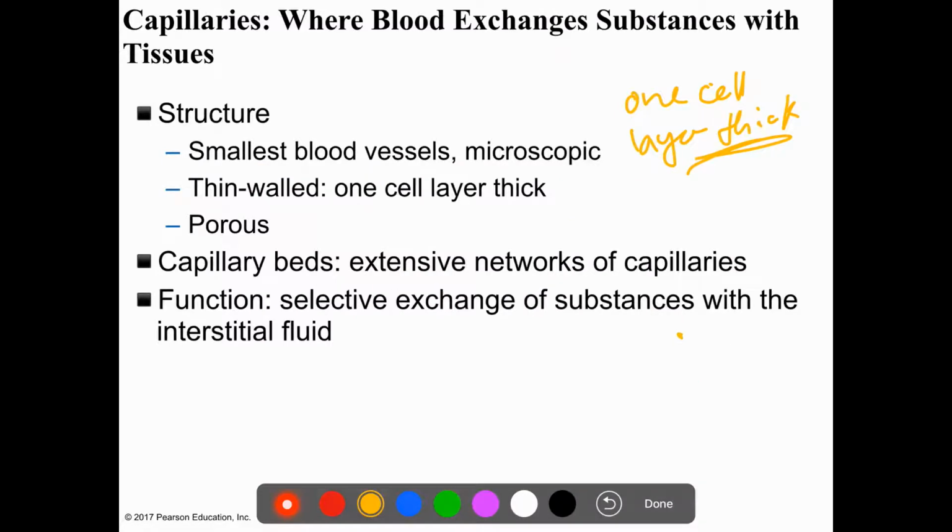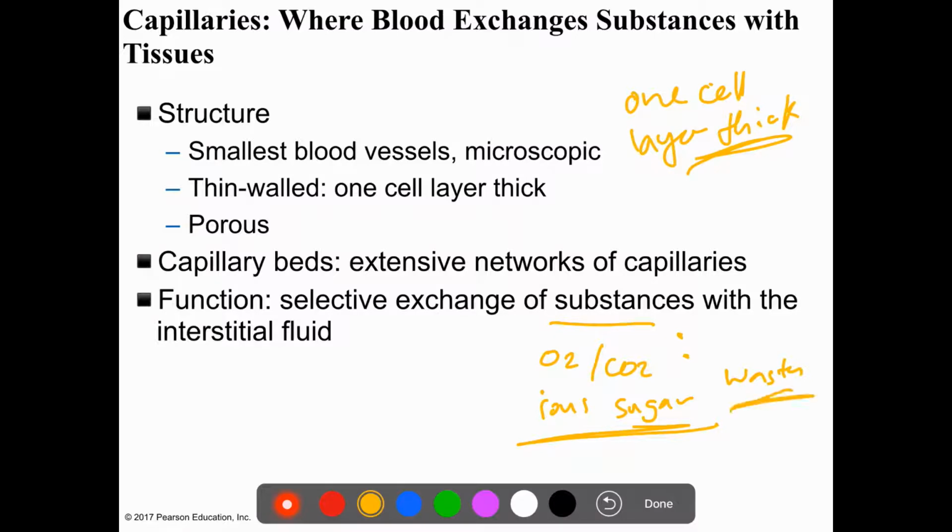And its main function, as we said, is to allow exchange of substances with fluid between the cells. Think of oxygen, CO2, ions, sugars, proteins, you name it, wastes.